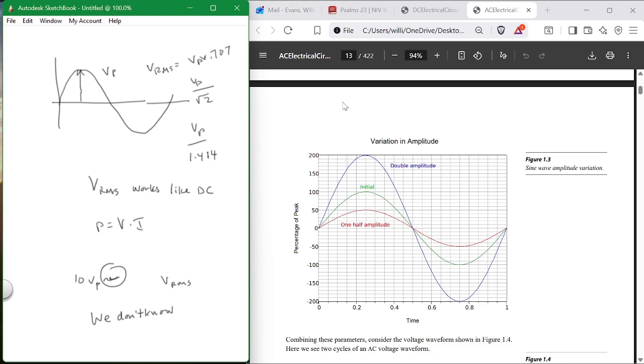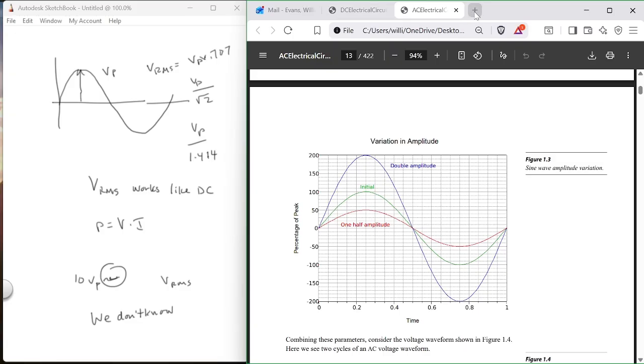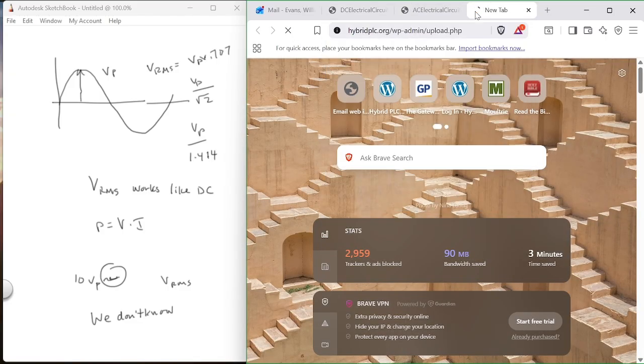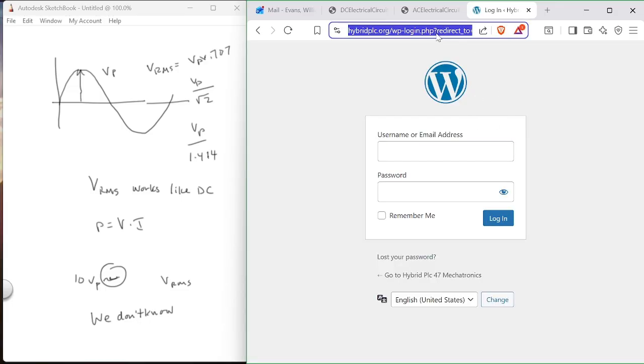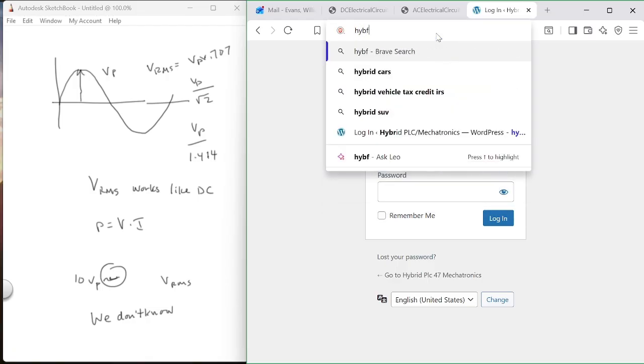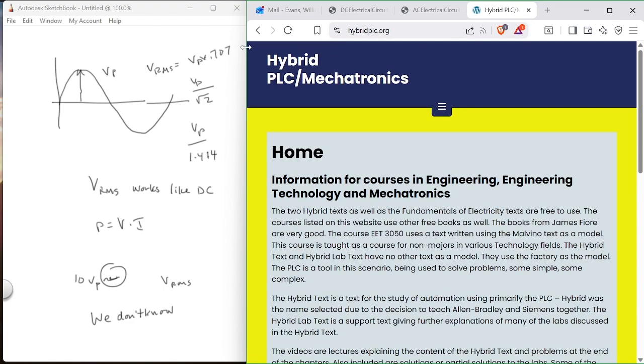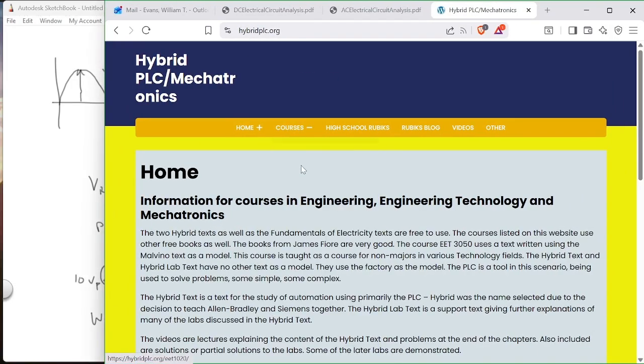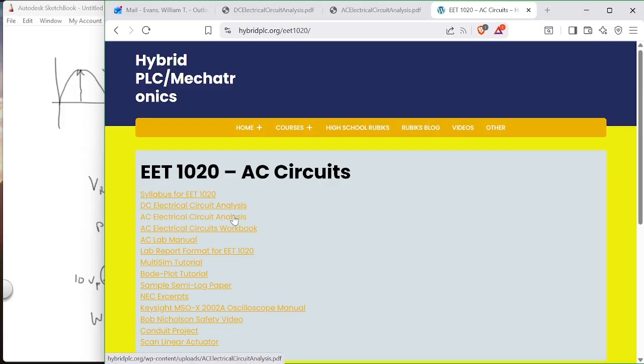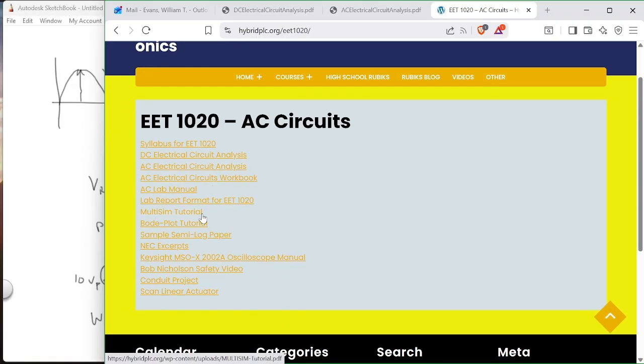Now, if you want to look at all the parts and pieces of this waveform and all the things you can look at for the periodicity and all that kind of stuff, on my website, hybridPLC.org, I have the book that is our Keysight oscilloscope manual.